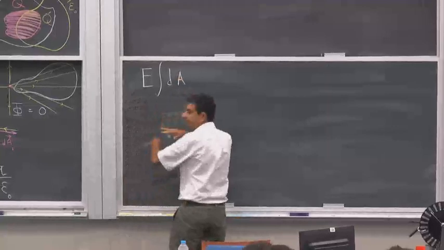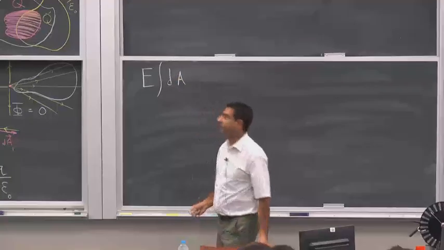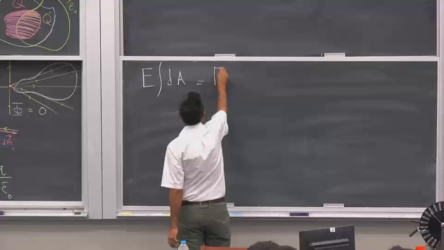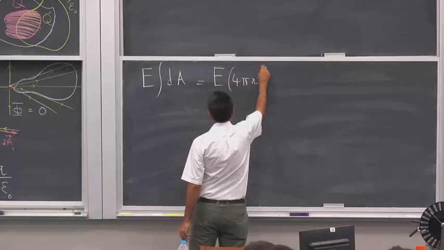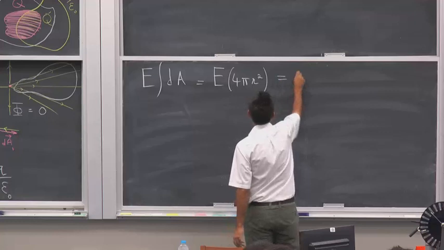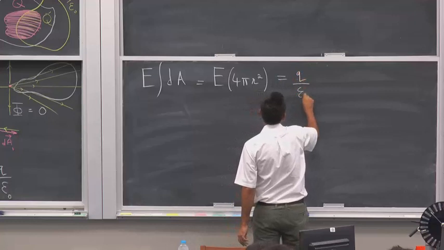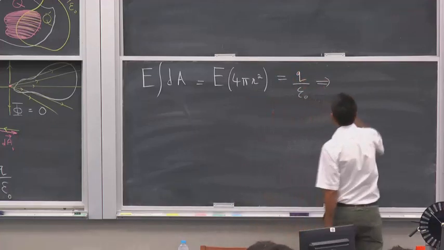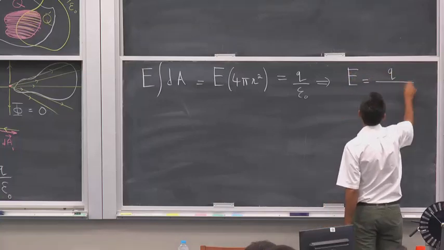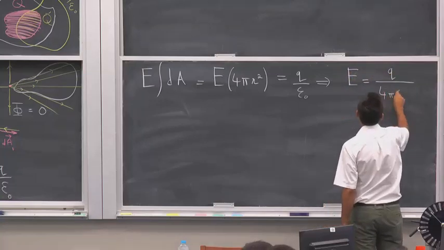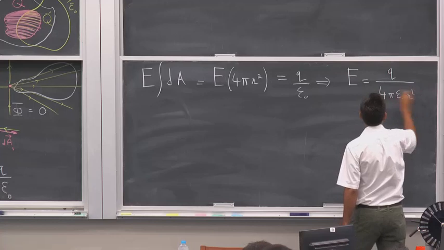This is just the area of the surface of the sphere, which is 4 pi r squared. E times 4 pi r squared equals the charge enclosed, Q over epsilon naught. This means that the electric field at a distance r equals Q over 4 pi epsilon naught r squared.